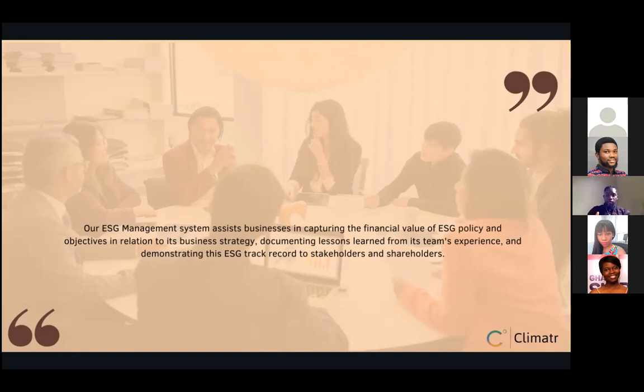But more importantly, the goal is to help you have a way of scrutinizing your process to ensure that you are always upgrading and optimizing your process to suit and fit with your organizational culture and your organizational outlook at the end of the day, right? And this is very important for stakeholders as well as shareholders, because you can use that to also demonstrate your ESG track record as a firm.